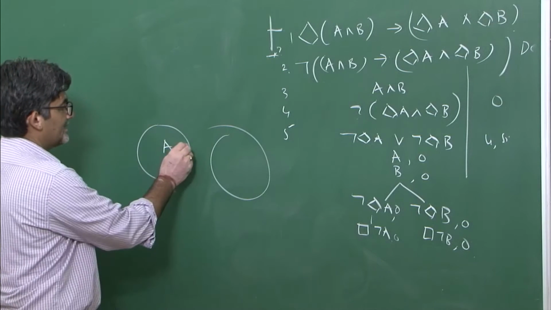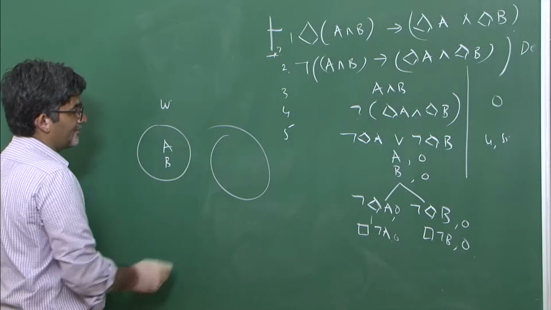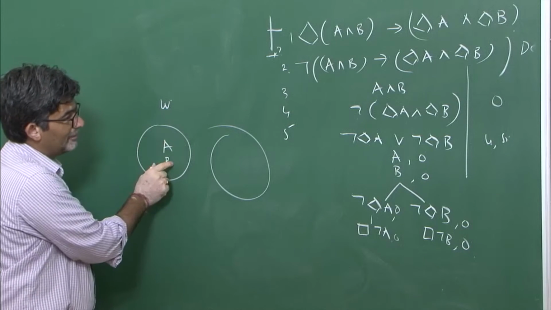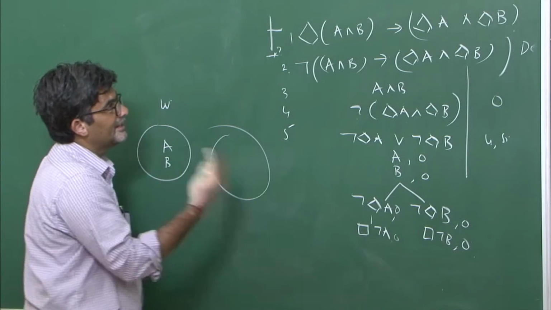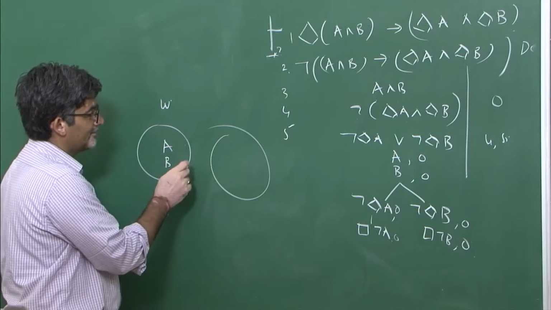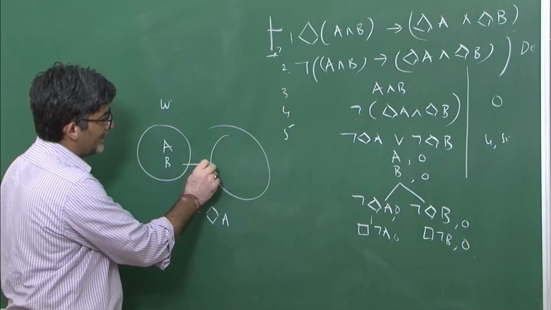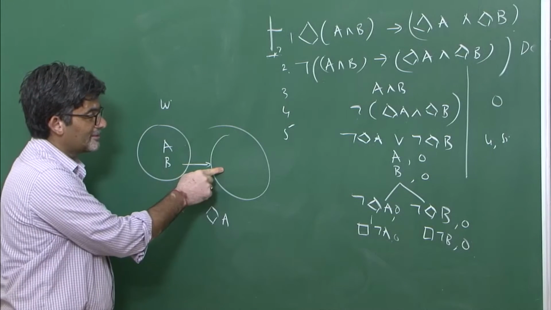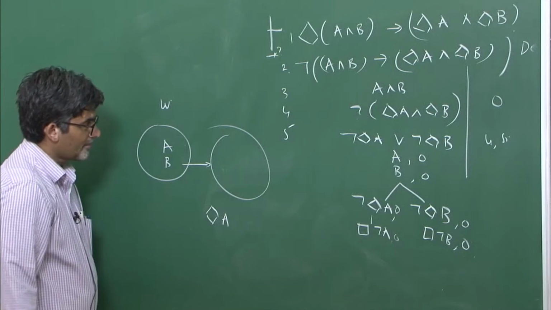So this itself is a relational structure, and this itself will serve your purpose. There is a world, and in that world both A and B are true. But it does not have to be the case that possibility of A is true and possibility of B is true. For the possibility of A to be true, there should be some world which is accessible to this one, but there is no world which is accessible to this one.